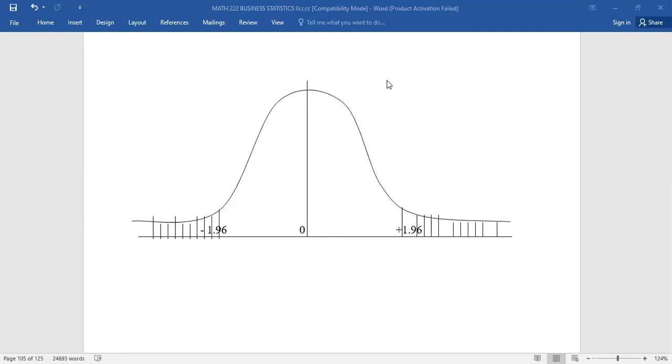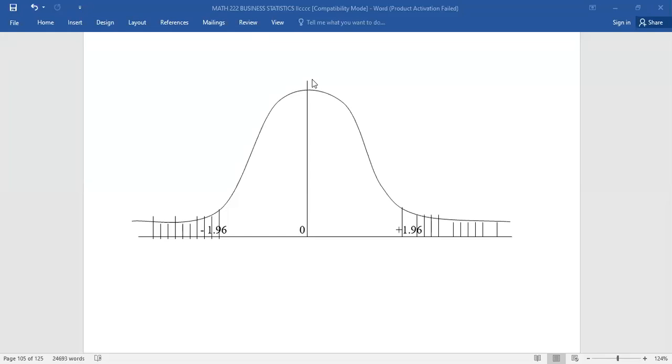Olu has given us the answer. What is 60 minus 63? 60 minus 63 is negative 3. Just write that somewhere. That is our numerator.